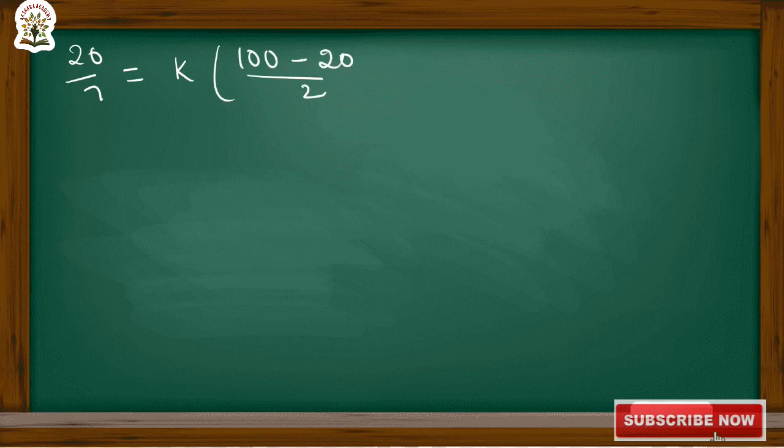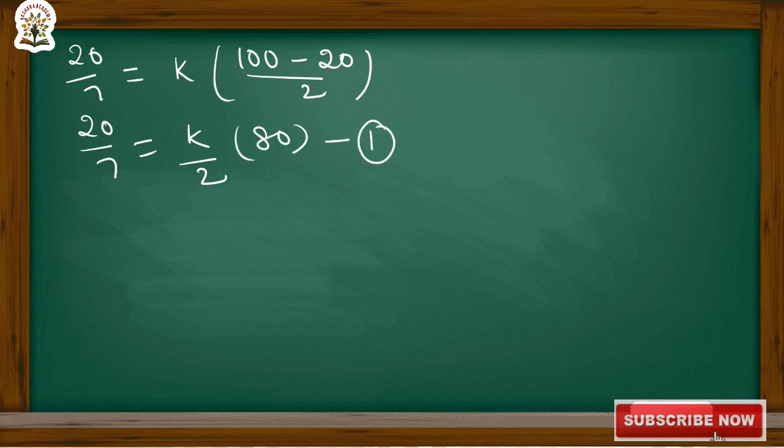Next, 20 by 7 is equal to k of, taking LCM, 100 minus 20 by 2. So 20 by 7 is equal to k by 2 of 100 minus 20, 80. This is equation number 1.